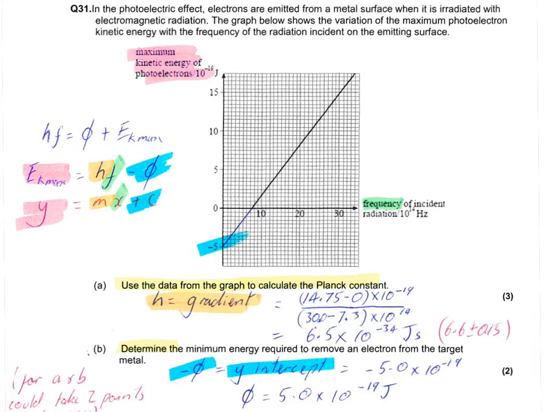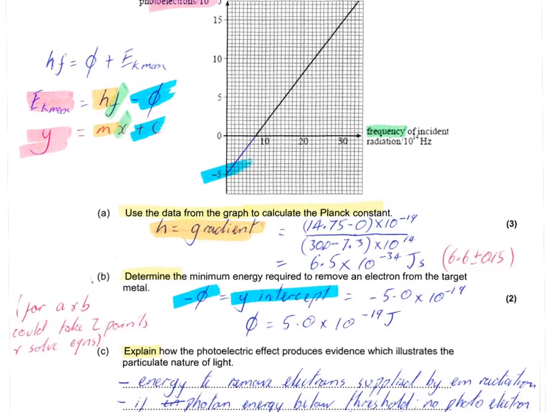Part B asked you to determine the maximum energy required to remove an electron from the target metal. You've got to recognise that that means the work function phi, and again from here we've got that minus phi is equal to the y-intercept.